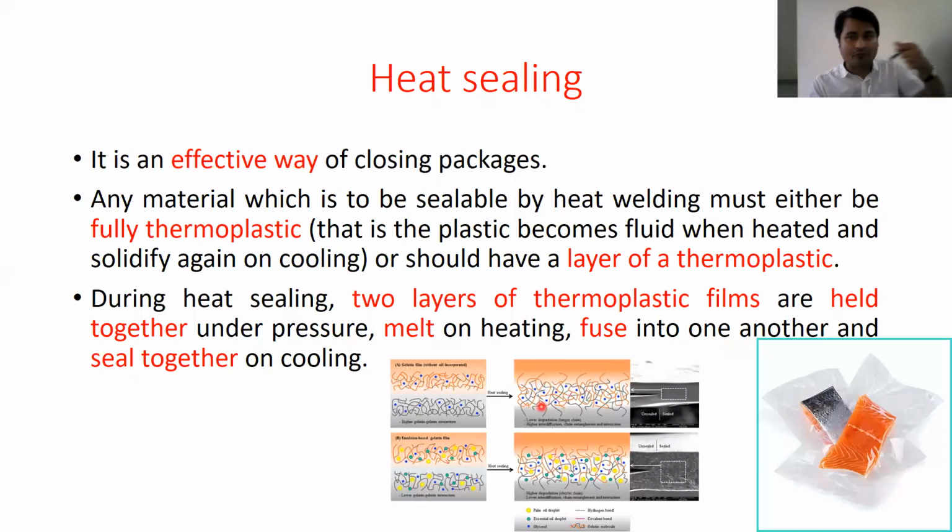While we are removing the heat and leaving it for cooling, it will form a seal. It will join. You can see here, this is the open structure, and after the application of heat, pressure and cooling time, it has been joined with each other. So basically, this is the principle of heat sealing. Understood?